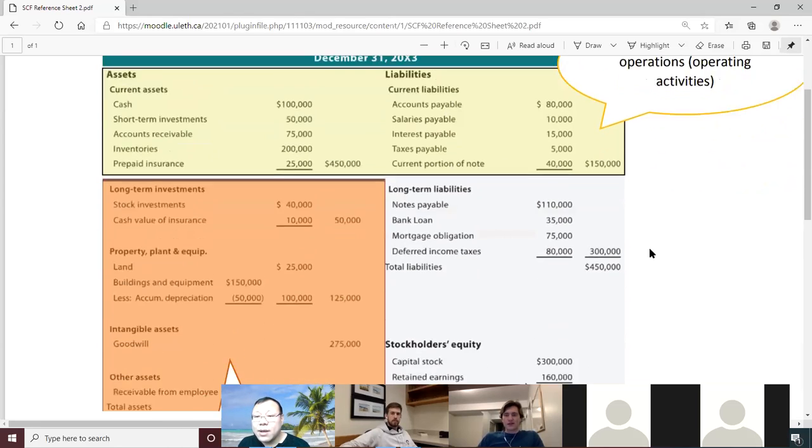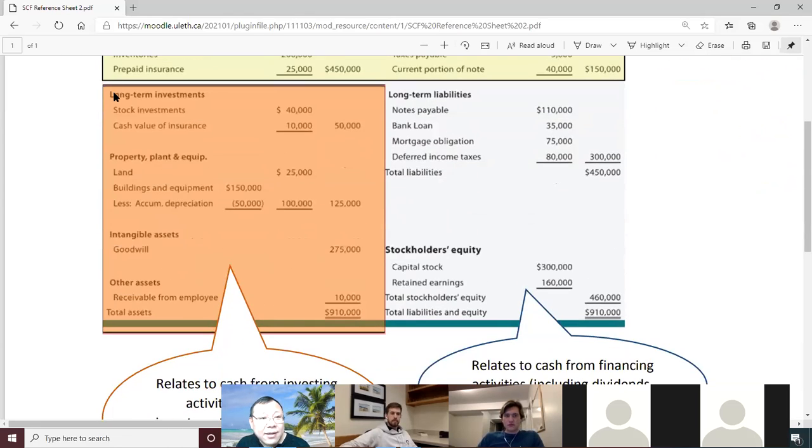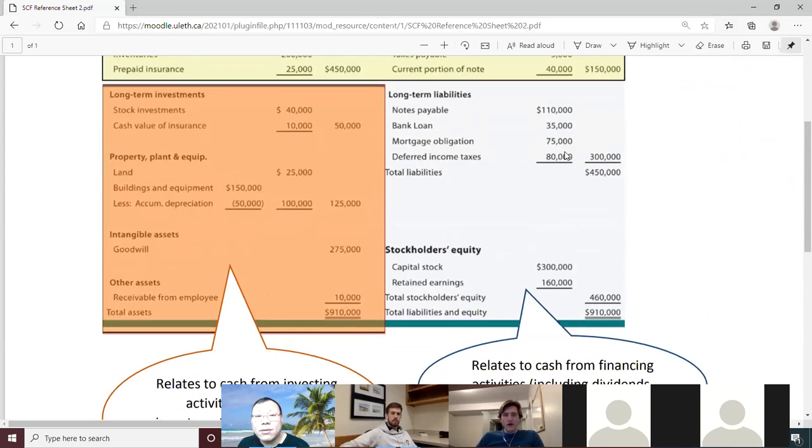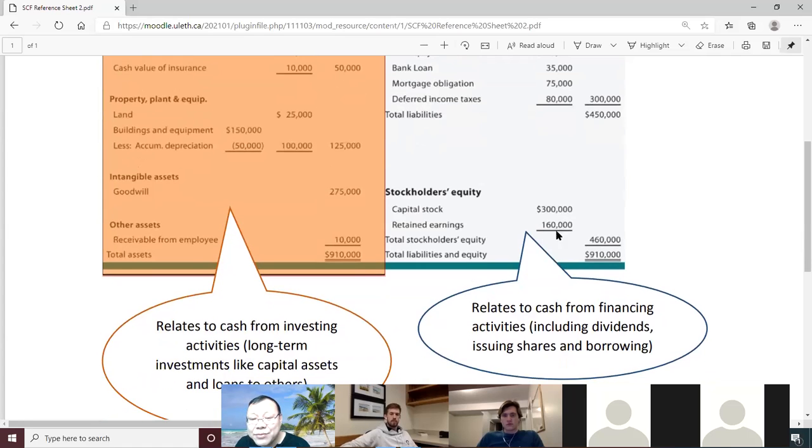And here the non-current assets. This is the non-current assets that it relates to the investing activities. And now the long-term liability, the non-current liabilities and equity, this part relates to the financing activities.